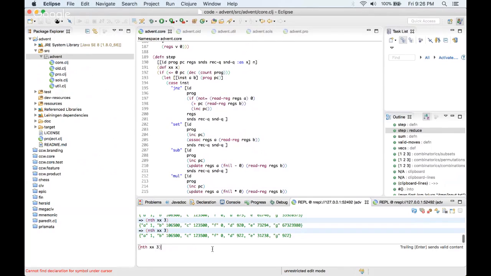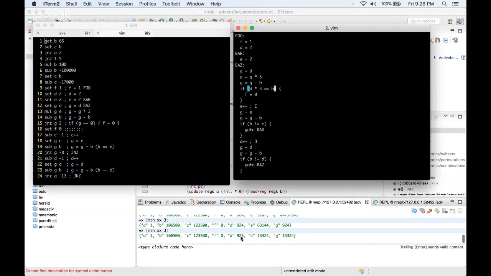And D, it looks like it's just increasing over time. So maybe it's just increasing by 1. Do we have a D plus plus? Yeah, we do. All right. So if D is a third of B, then we set F to be this.